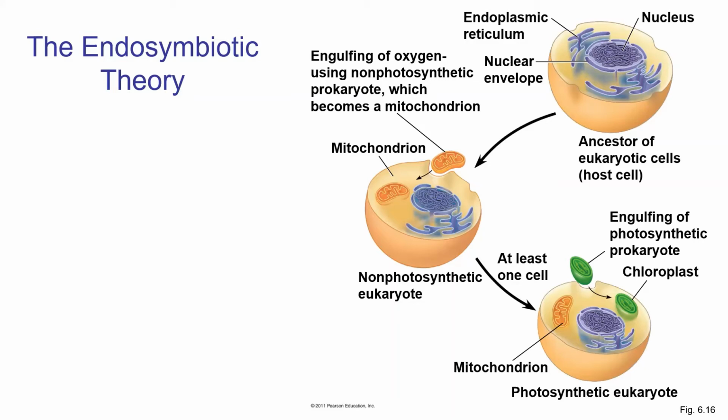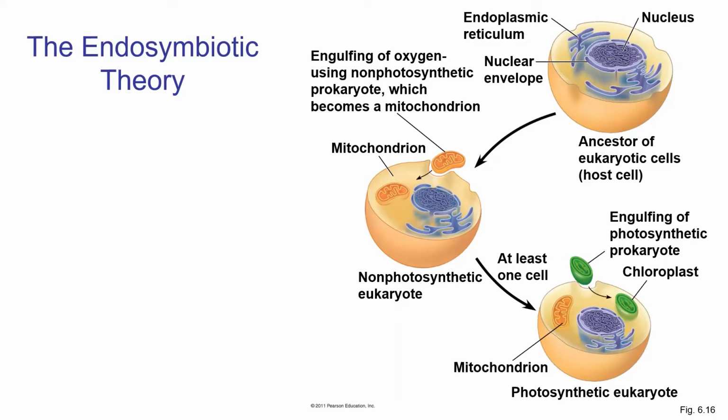And you can see this is how the hypothesis works. You've got some sort of eukaryotic cell, and it's bringing this aerobic bacterium in by endocytosis and doesn't kill it. Instead, they start to live together, and that bacterium eventually has become a mitochondrion.